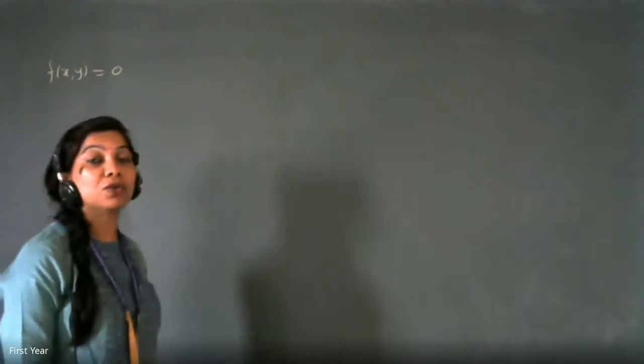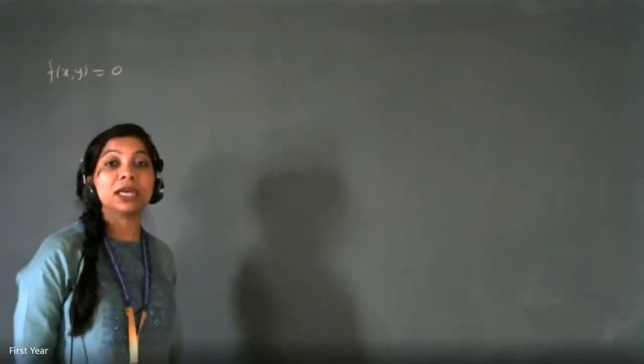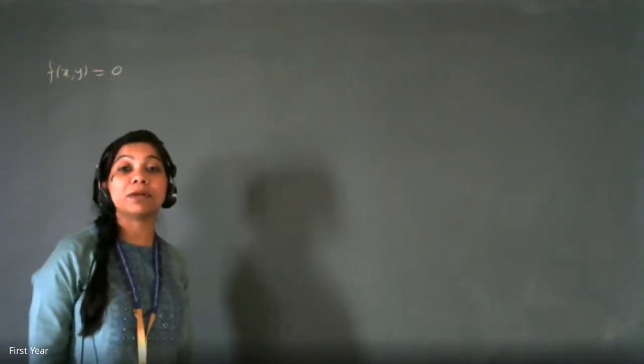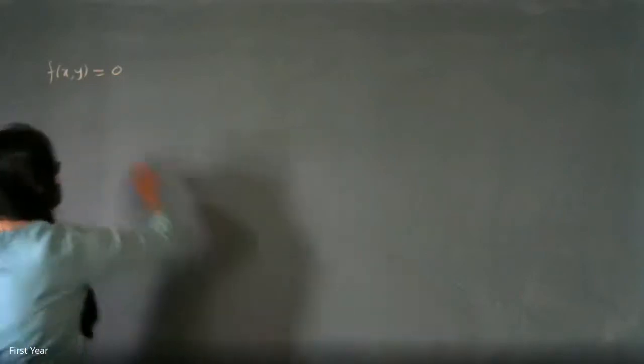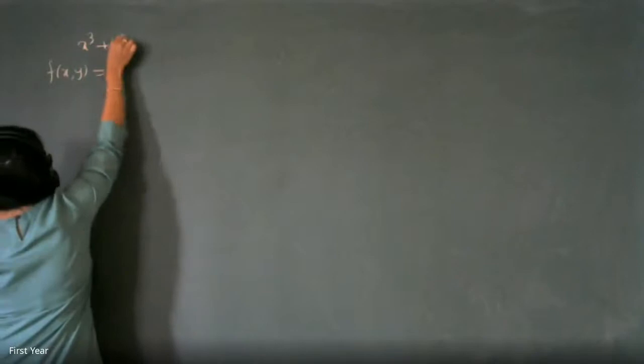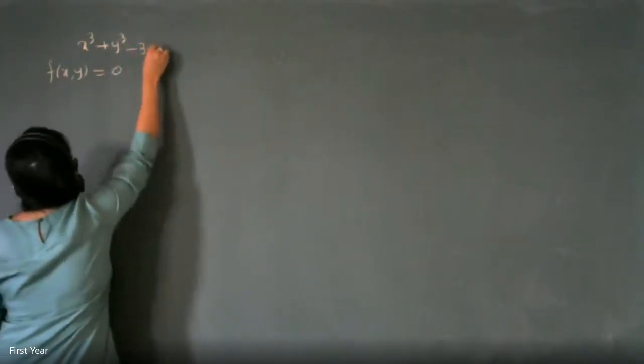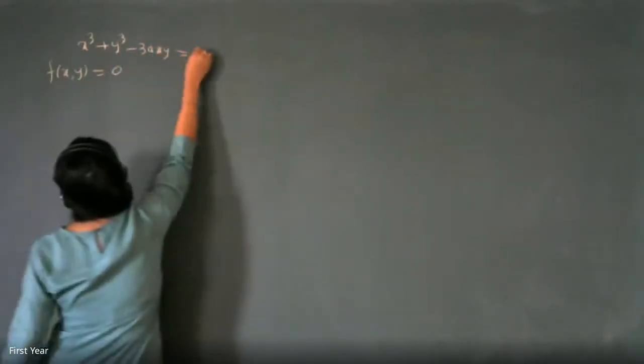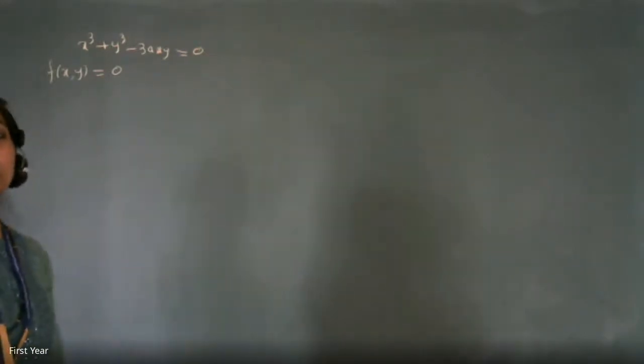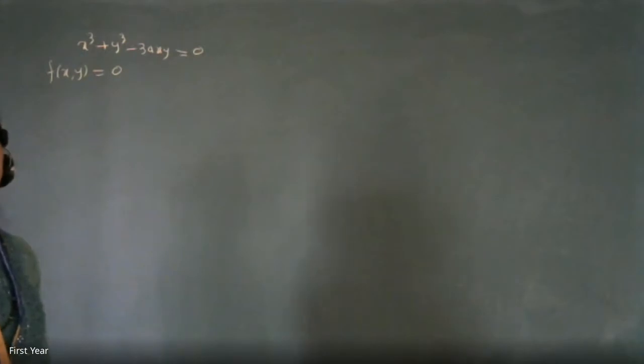Suppose you are given the function f of x comma y is equal to 0, which is implicit, that means you cannot separate the variables x and y. For example, your function can be of the type x cube plus y cube minus 3axy is equal to 0. Here variables x and y cannot be separated out. If you want to find dy by dx, then either differentiate this equation directly, or we will use the formula which is given below.